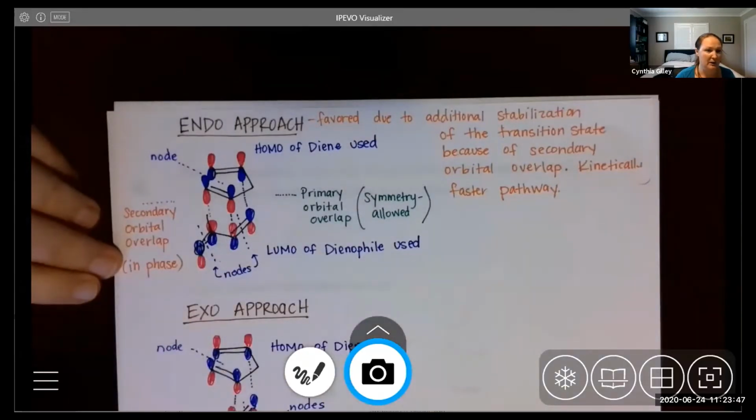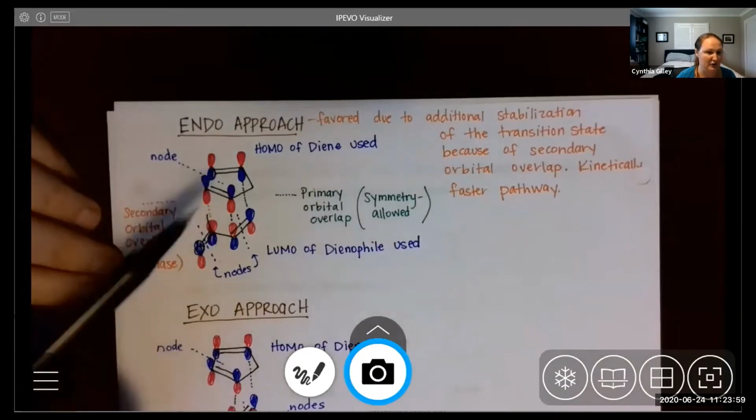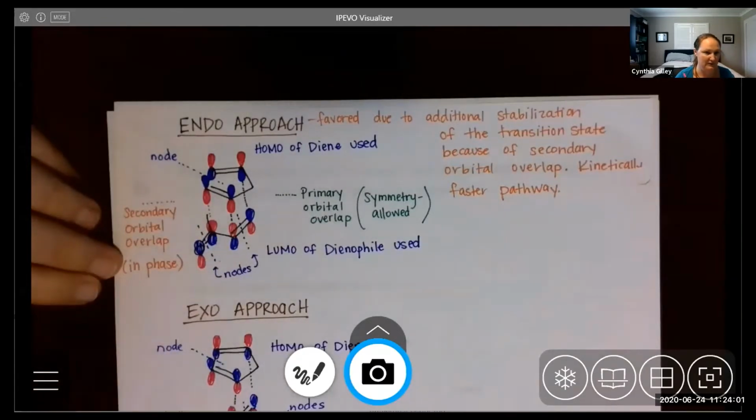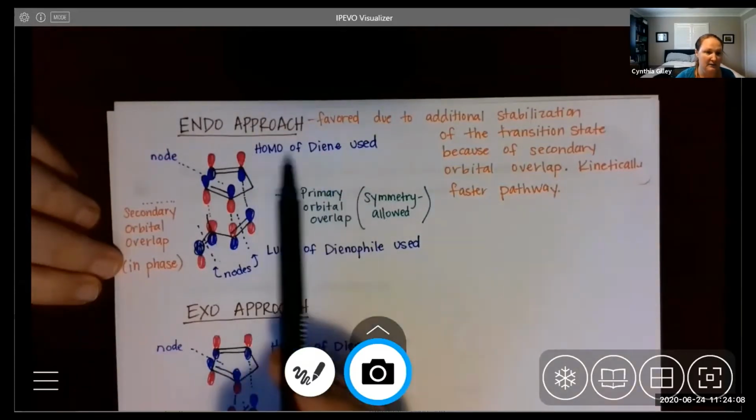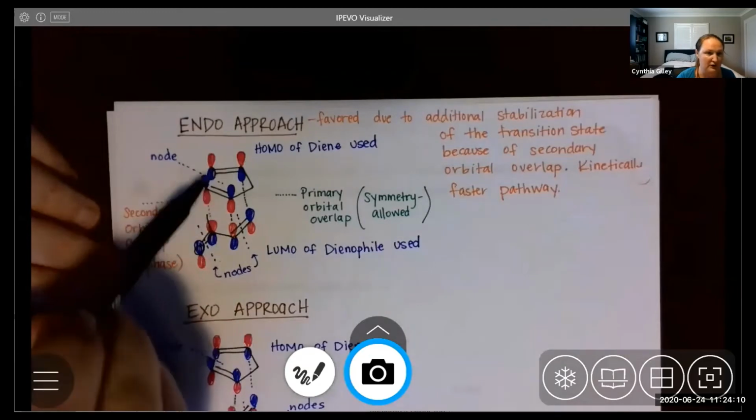What I've drawn in are the p orbitals, which are really not p orbitals. They're the molecular orbitals we talked about before, but this is the simplified version of showing them as individuals. So what I drew in was the HOMO of the diene, because the diene is the electron-rich component.